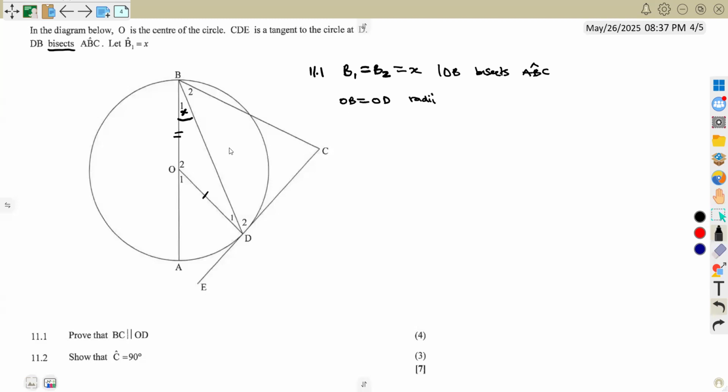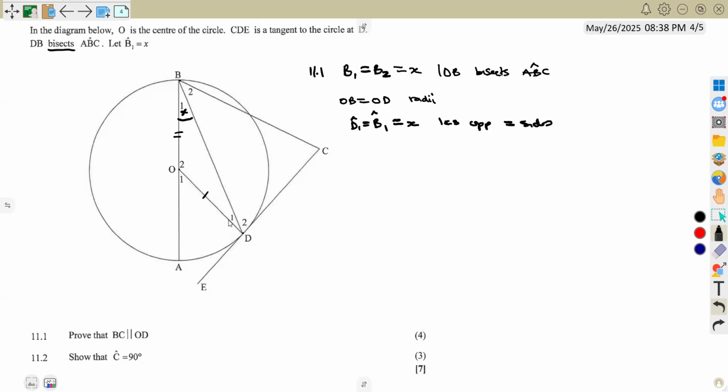Any line from the center to the circumference is a radius, and they are equal. So we can now conclude that D1 is equal to B1, which is equal to X. Why? Those are angles opposite equal sides.